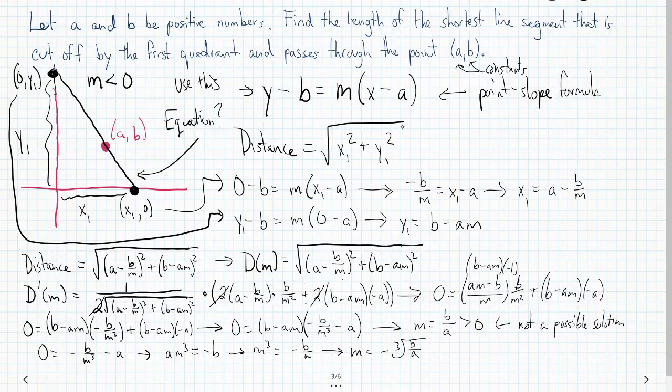So now what we have to think about is, and I'll try and fit this in somewhere, we have this cutoff point where you have 0. You have the negative cube root of b over a, and these are your m values. You know that d prime of m equals 0 at that point.